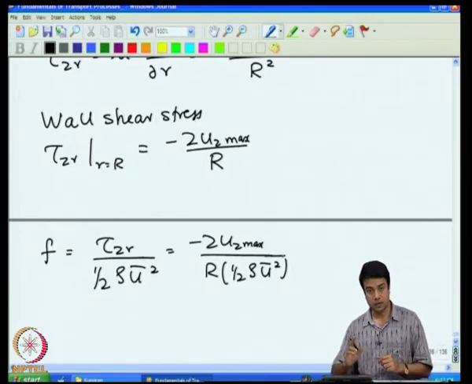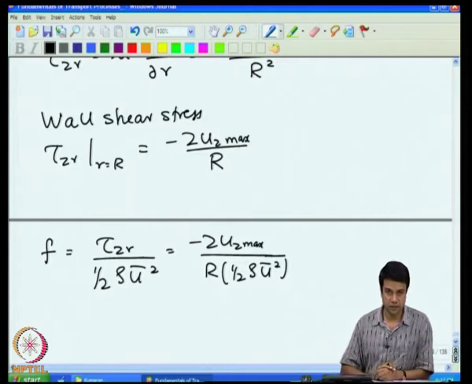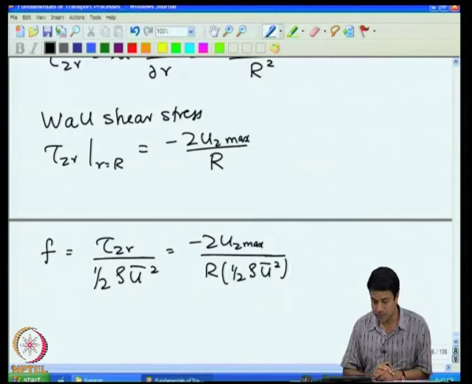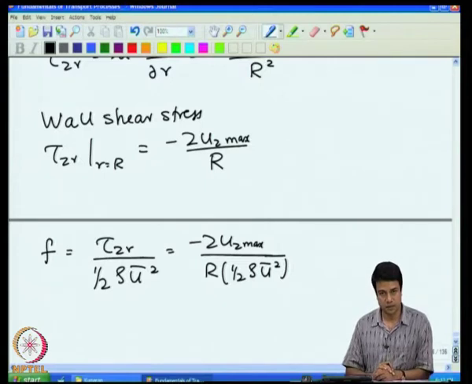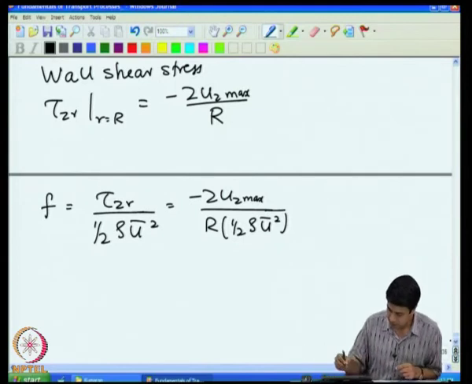Note that the friction factor is defined with respect to the average velocity, not the maximum velocity. So, I have to represent the maximum velocity in terms of the average velocity, which gives 2 u bar.